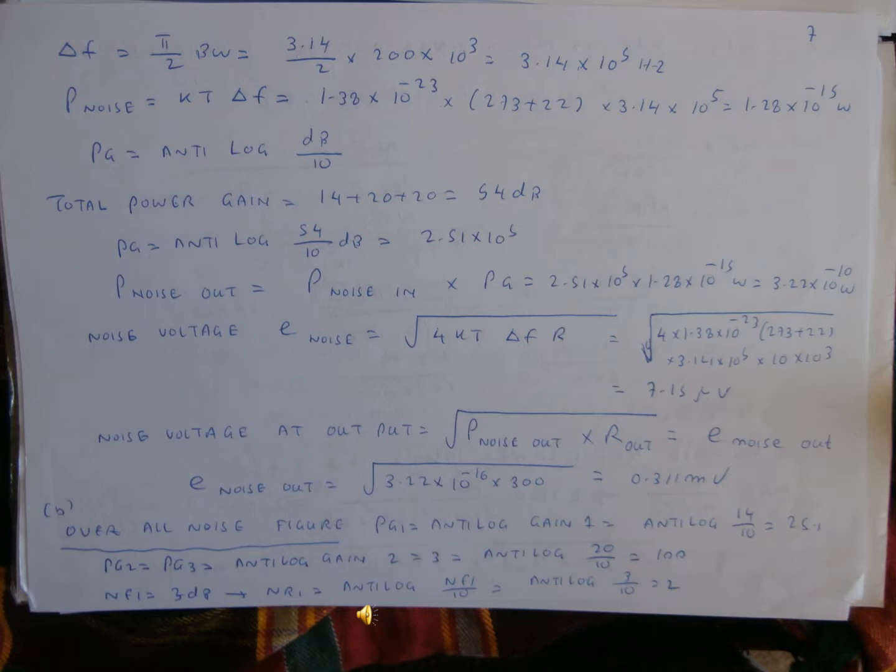The noise output voltage is square root of P noise out multiply R out, so square root of 3.22 multiply 10 power minus 16 multiply 300, so 0.311 millivolt.